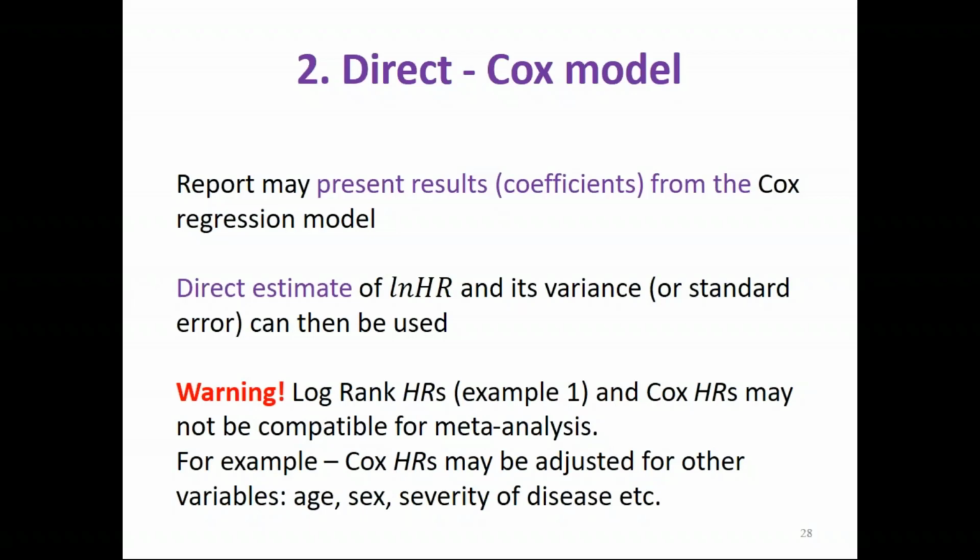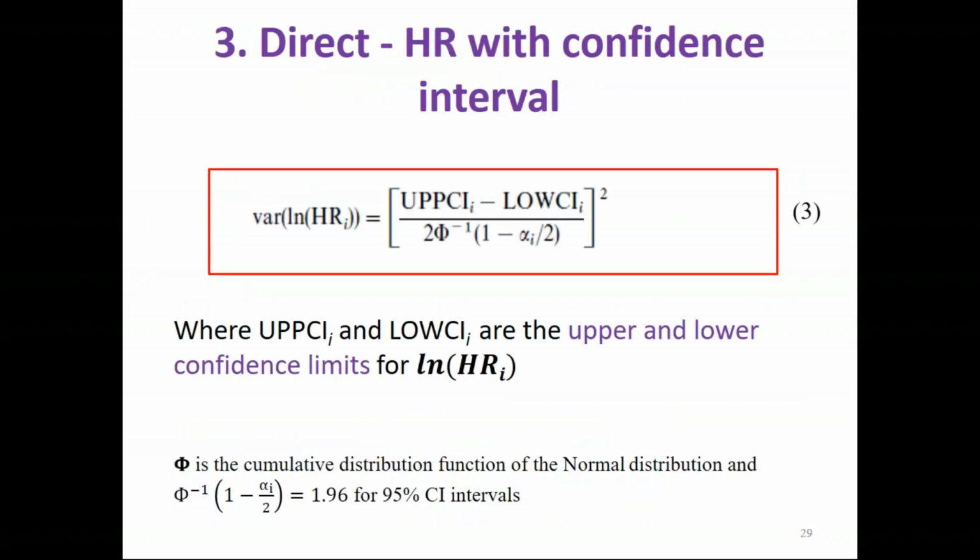However, if that regression model also includes other variables such as age and sex or severity of disease, as is commonly the case in trials, then the hazard ratio is an adjusted effect, and it's not necessarily going to be compatible with other estimates of hazard ratio in other trials that might be based on other methods such as the log rank analysis. So you need to be careful and be aware of what has been included in the Cox model if you're using those results.